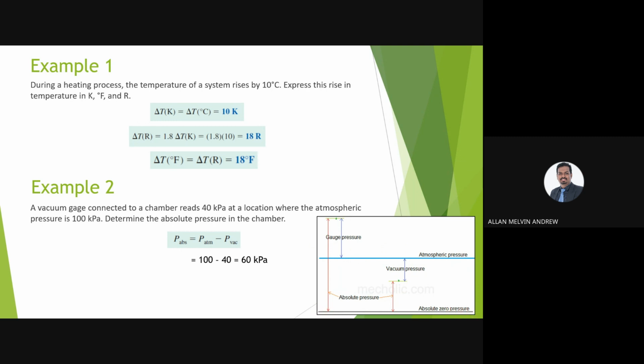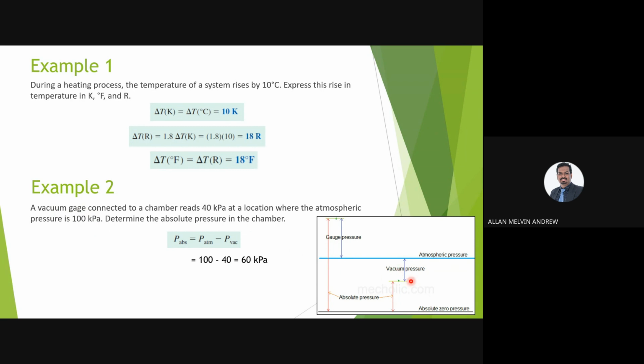So whatever pressure you are measuring, either vacuum pressure or gauge pressure, from the zero value, we call it absolute pressure. In this case, we are getting some key points from the question itself. It says a vacuum gauge, so even though it says gauge, it is a vacuum gauge.